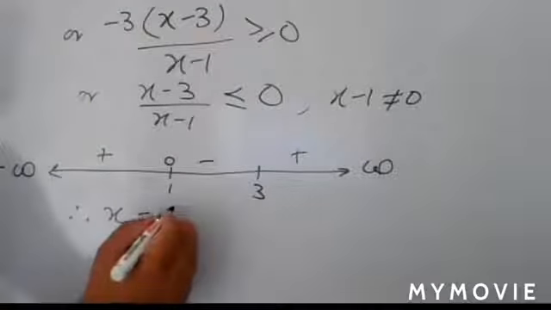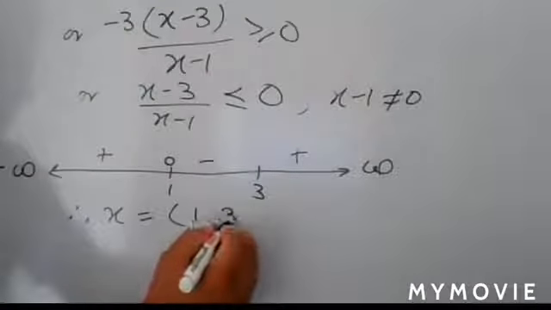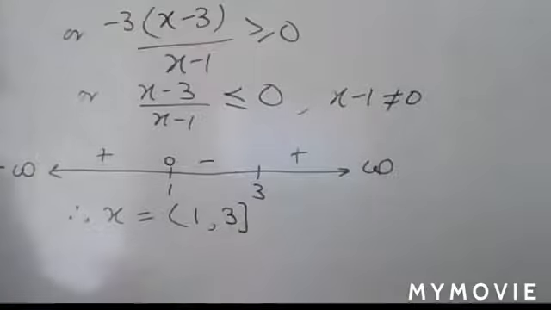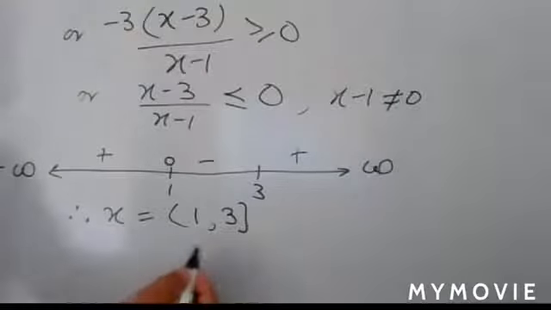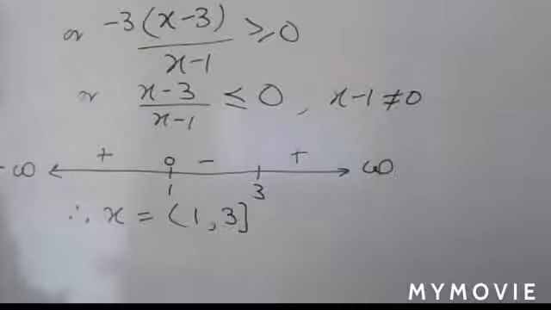The value of x is, here you take an open interval at 1, so it is understood that the point 1 is not taken, and at 3 you write a closed interval, meaning the point 3 is also taken. Okay, right. So that is your solution.